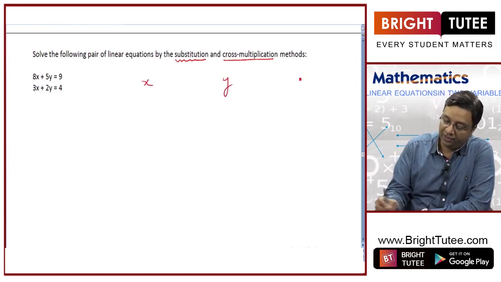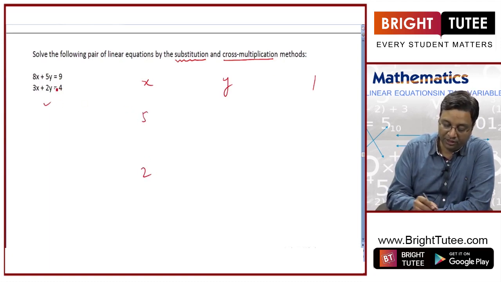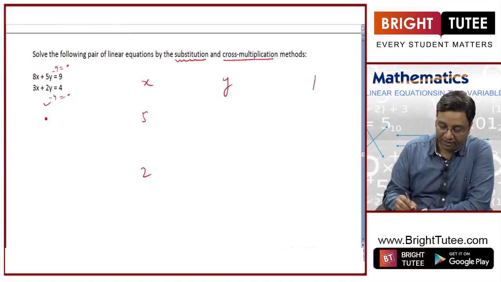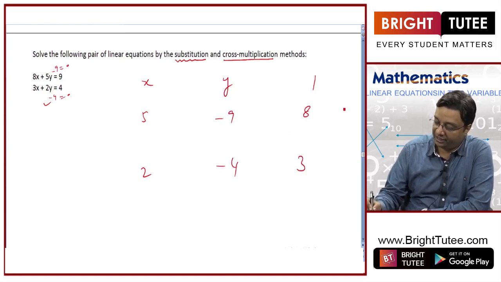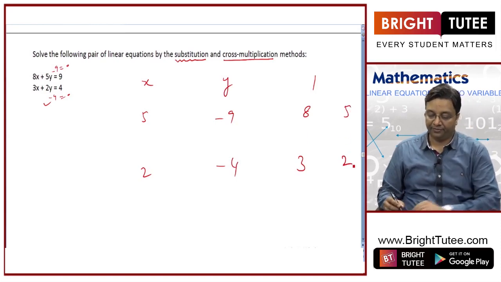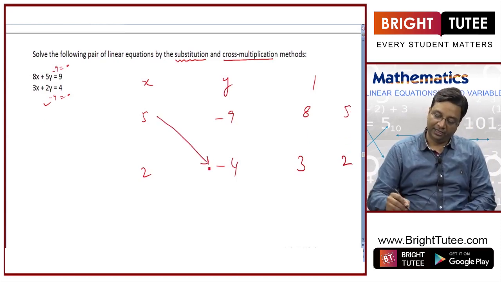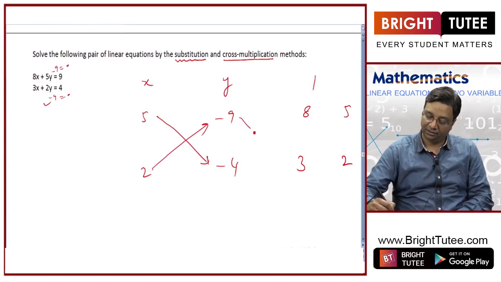So, x, y, 1, 5, 2, and if I bring this 9 here, so it will become minus 9, this will become minus 4 equal to 0, right. So, 5, 2, minus 9, minus 4, 8, 3, and then 5, 2 again. X divided by this minus this minus this.